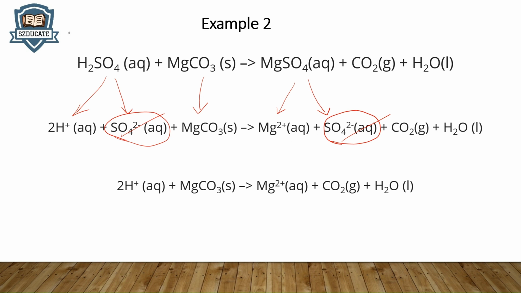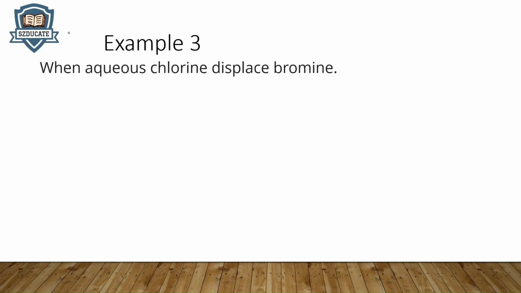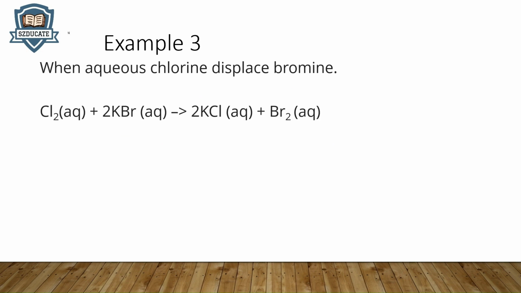Okay, last example. When aqueous chlorine displaces bromine. If you have done your periodic table chapter, you will see that there's this displacement of halogen, where the more reactive halogen will displace the less reactive halogen.